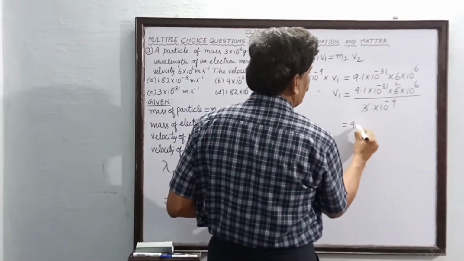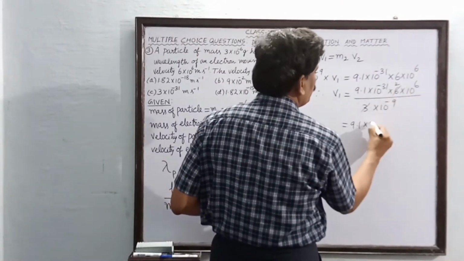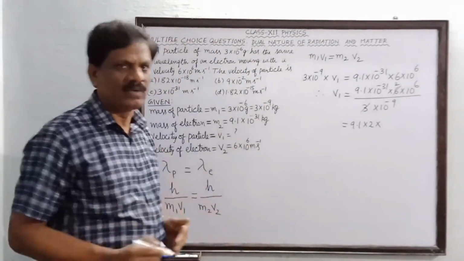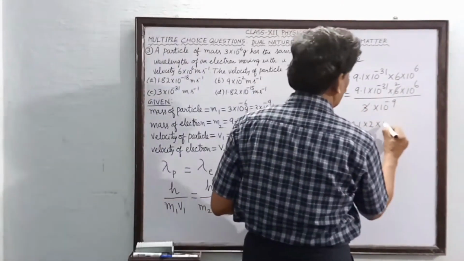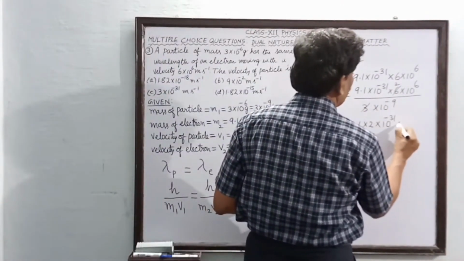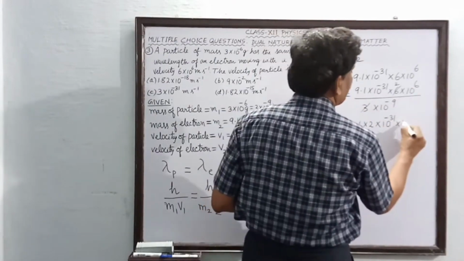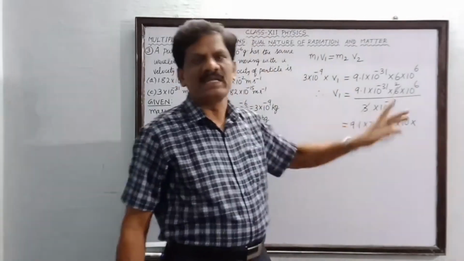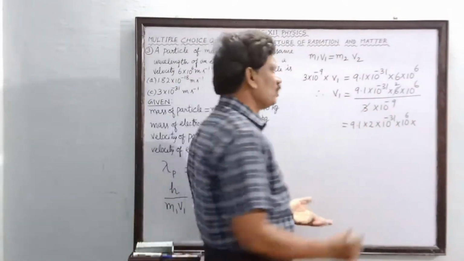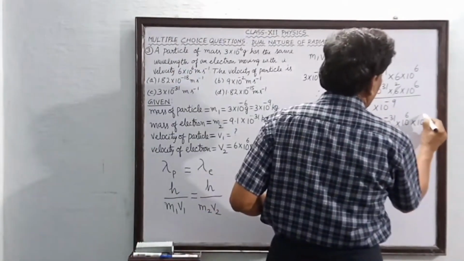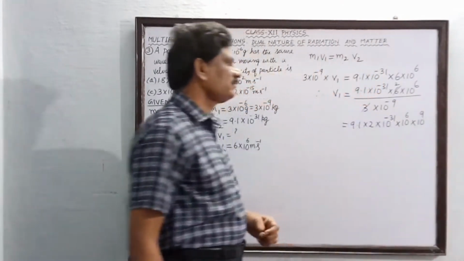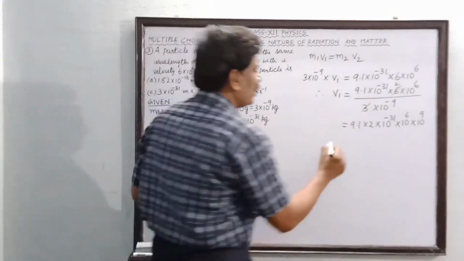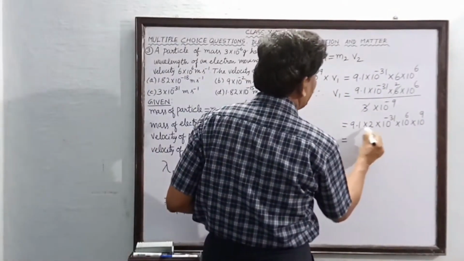So I will write all the numbers first. So this is 9.1 into 2, and all the 10 powers I will write together so that you can easily understand. So first 10 power is 10 power minus 31 into 10 power 6. Then this 10 power minus 9 is coming up as 10 power plus 9. Now 9.1 multiplied by 2 is 18.2.